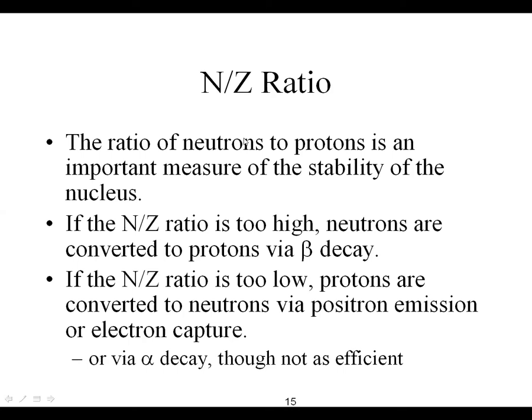So for example, if you do the neutron to proton ratio, the N to Z ratio, and you find it's too high, and in just a second we'll talk about sort of what's high and low and what's an acceptable one, what will happen is neutrons will be converted to protons, and it will go through a beta decay process. So that particular element will go through a beta decay.